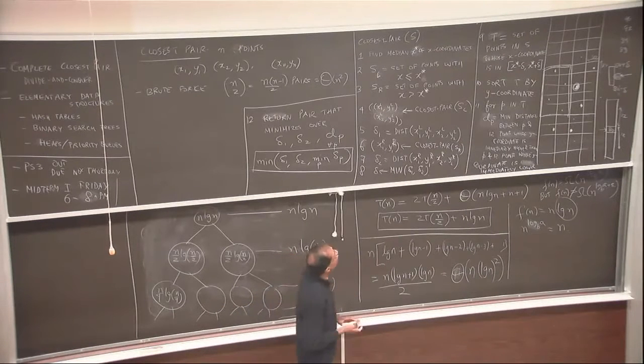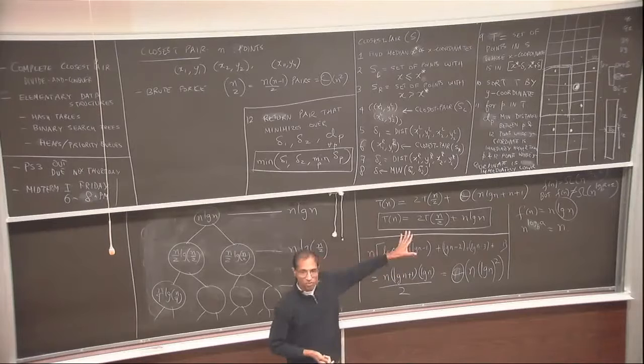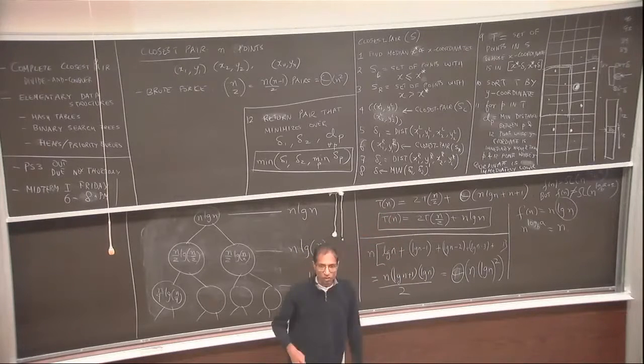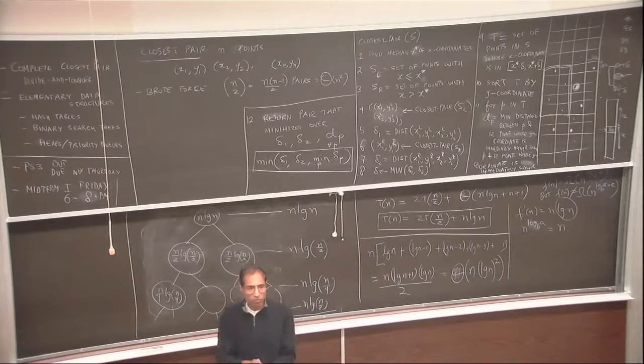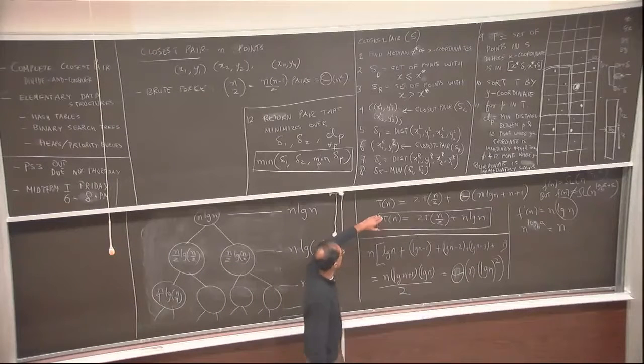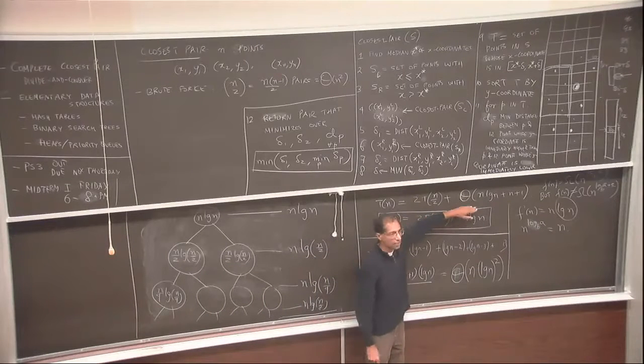Okay? So I'm not going to make any changes to this code, but just imagine taking the sort out and putting it before we make any recursive calls. So you assume that in the closest pair, you're given all the points so that they're already sorted in the y-axis, for example. So that's an n log n, but everything else was just n. Then the recurrence in the remaining portion would be just T(n) equals 2T(n/2) plus theta n. That's exactly like in merge sort.